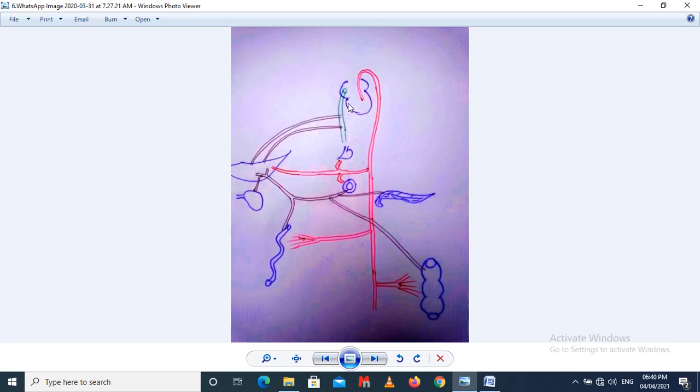Now I'm going to tell you another thing: what is the difference between normal circulation and portal circulation? Normally a vein has a connection with capillaries at one side.